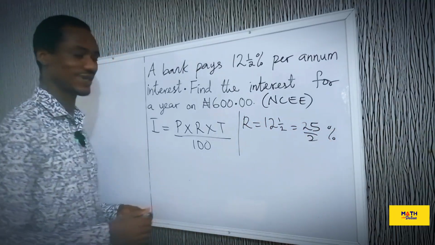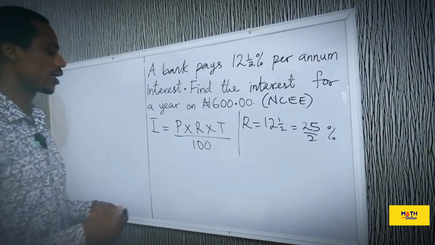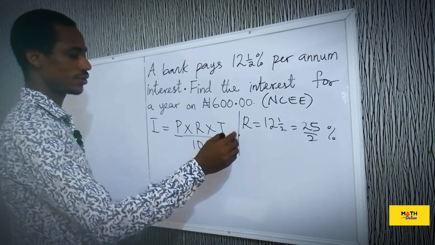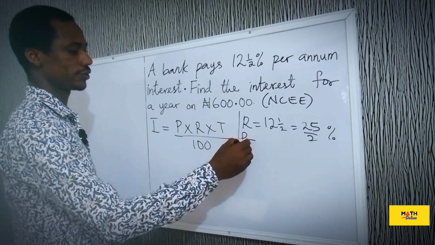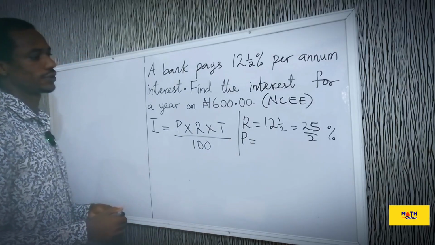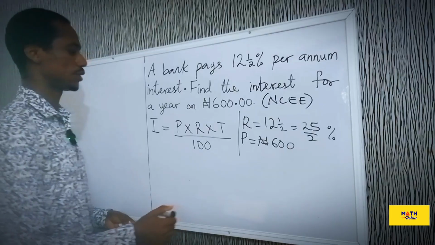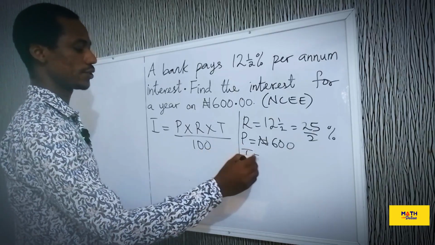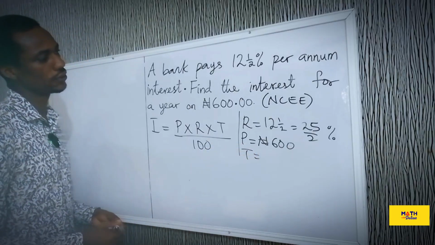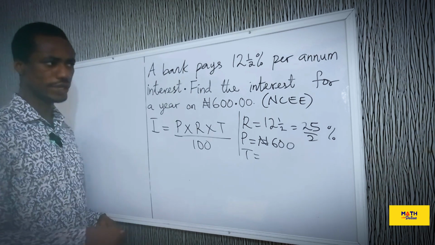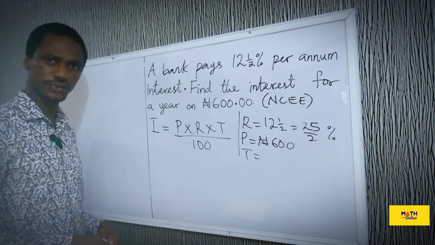Now the principal given to us is 600 naira, and then the time, rather, is: find the interest for a year on 600 naira.